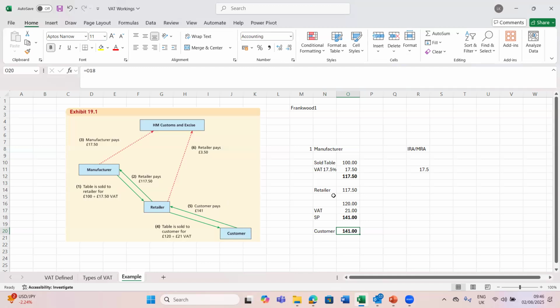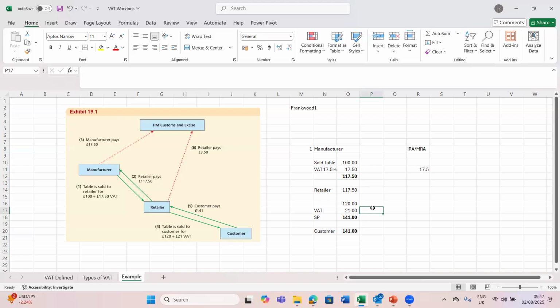Now, the retailer. Okay. So out of the 141, the retailer has already paid 17.5, while the customer has paid 21 as VAT.